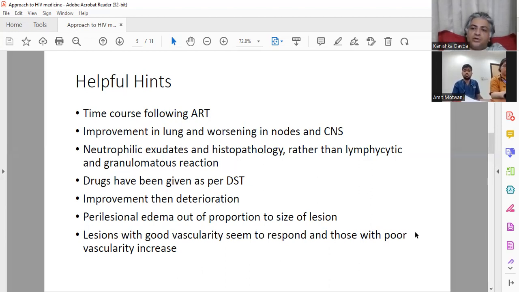Whereas when it is disease progression, the patient will not have any improvement. Right. If the patient has primary MDR and you have started TB treatment with first line, the patient will not have any improvement. Whereas if it is IRIS, the patient will initially improve and then worsen. Okay.